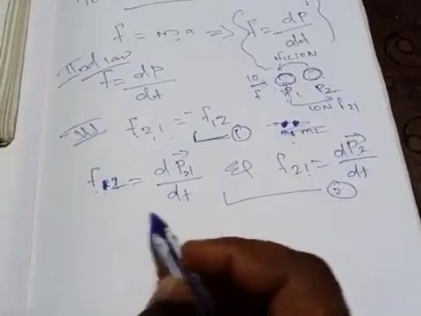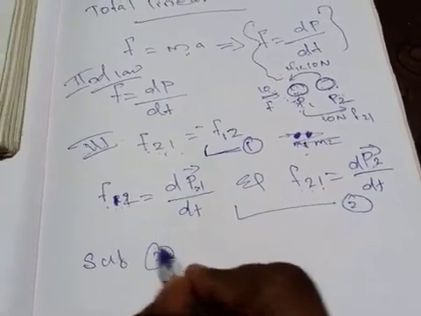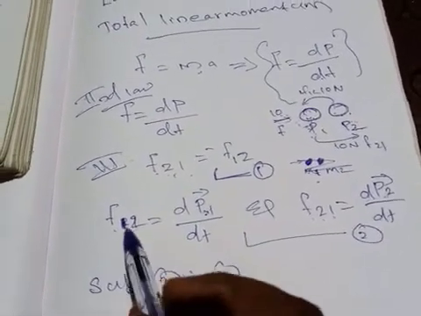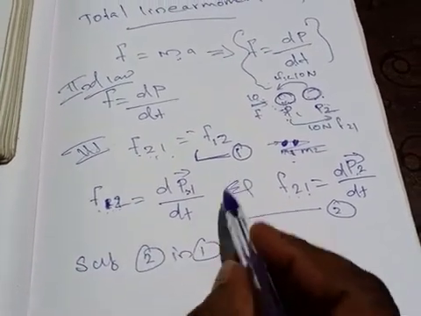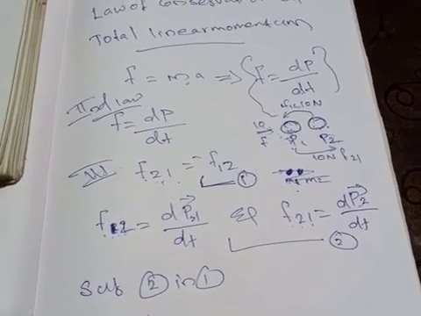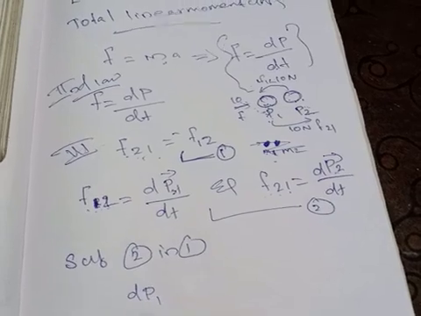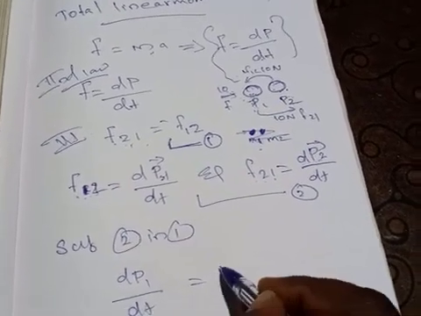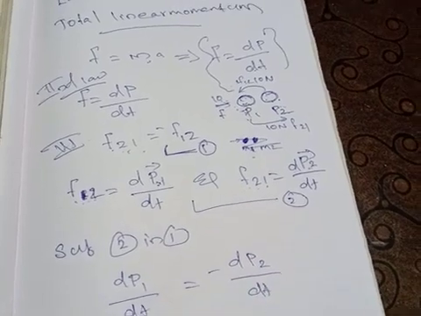Now what you have to do is substitute 2 in 1. So F12 means this value will come, so when you substitute, what will you get? dp1 by dt is equal to minus dp2 by dt.